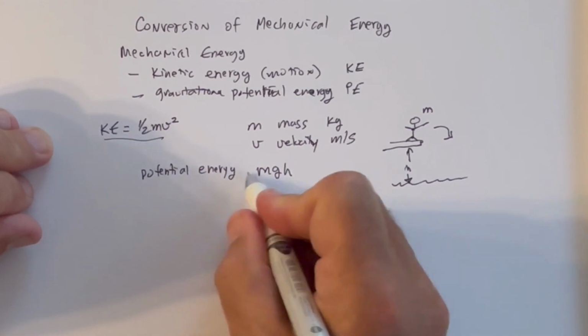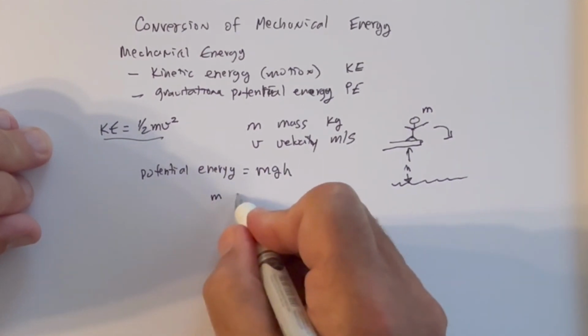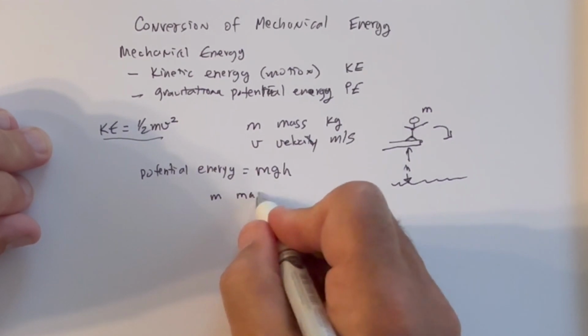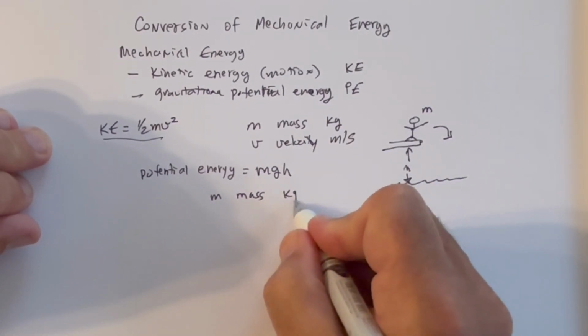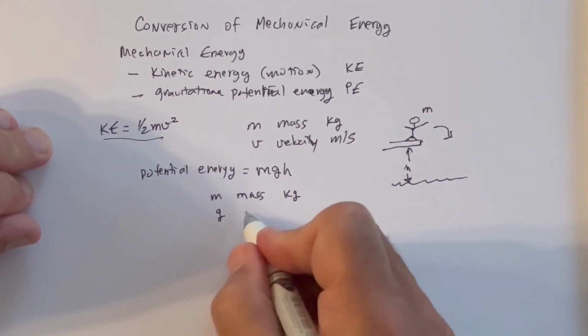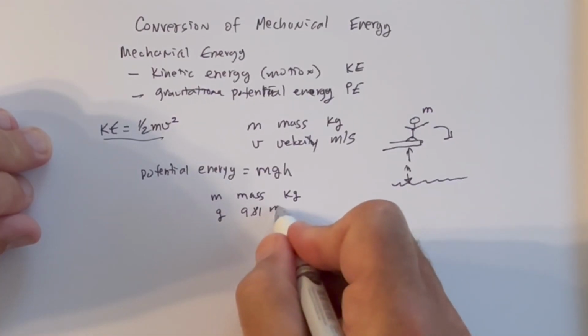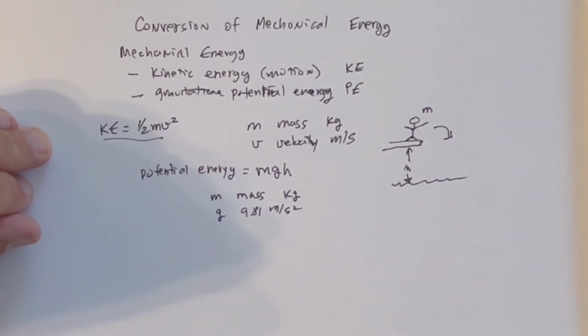So the potential energy, mass, just like in the other one, is going to be our mass, kilograms, the units. g is 9.81 meters per second squared. It's a unit of acceleration. That's the acceleration due to the Earth pulling on an object at the surface.